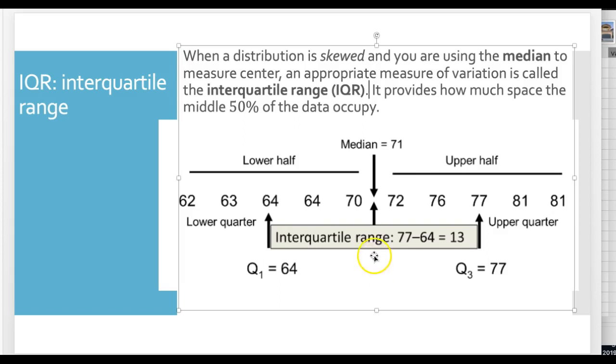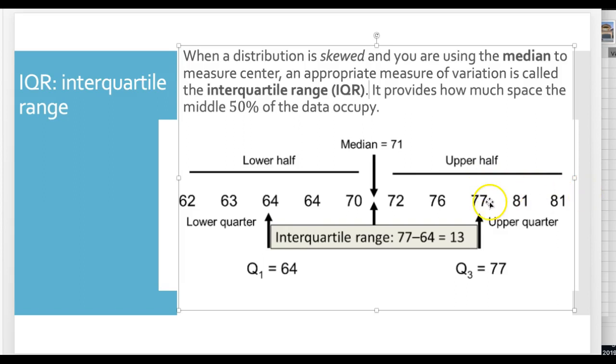So for the median, 50% of the observations are below and 50% of the observations are above. Then we can take it all the way to the third quarter, the larger quarter. The third quarter is saying that 75% of the observations are below 77 and 25% are above.